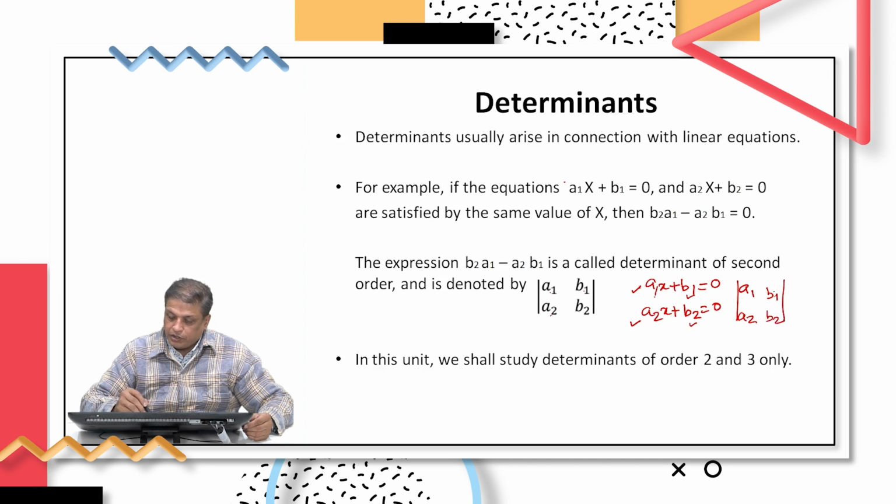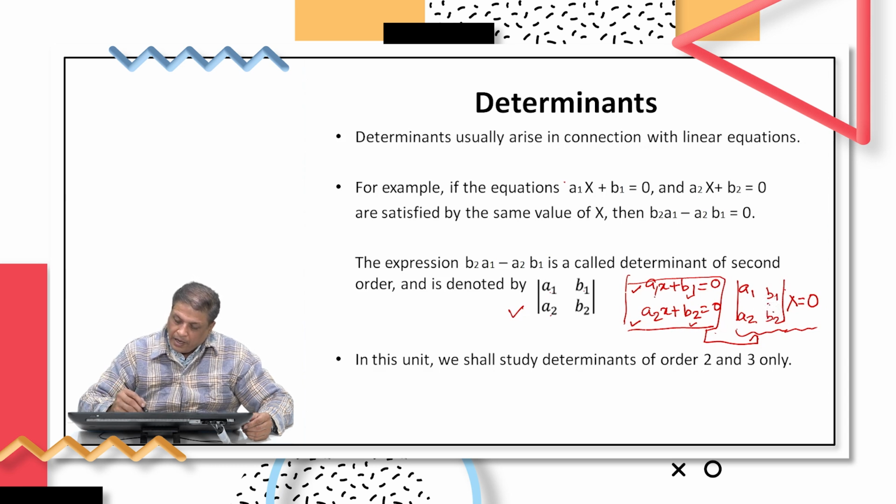So this forms the determinant with A1, A2, B1, B2 multiplied by x, equal to 0. This system of linear equations is now represented in the form of a determinant, so we can solve this determinant. How is it solved?